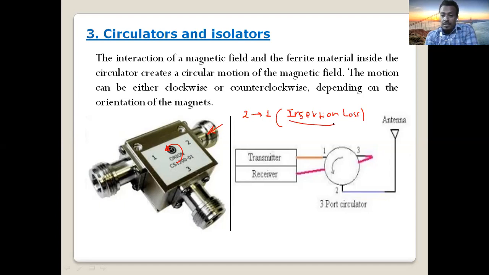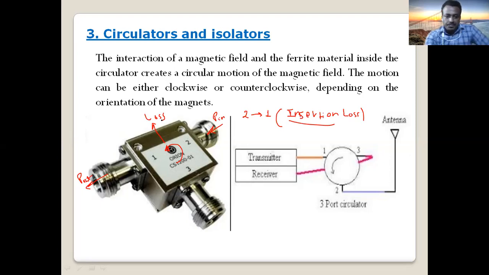We have discussed this many times. A circulator is also a device, so if you apply some amount of input power here, the output you will get here is P out. When you compare P input and P out, there is some loss. That loss we call insertion loss.